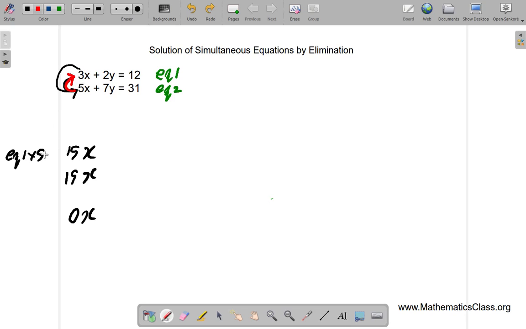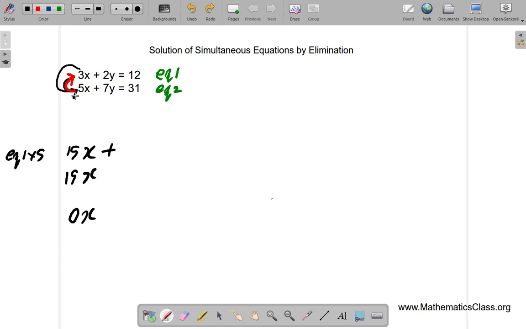That's why I multiply by 5. But if we multiply this by 5, we'd have to multiply this by 5 and this by 5 as well. So 5 times 3x gives you 15x. Right?